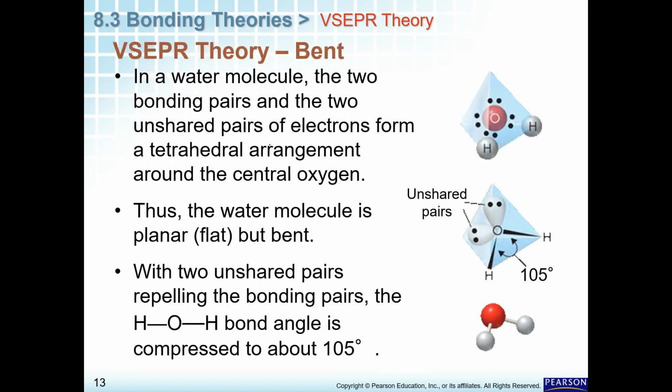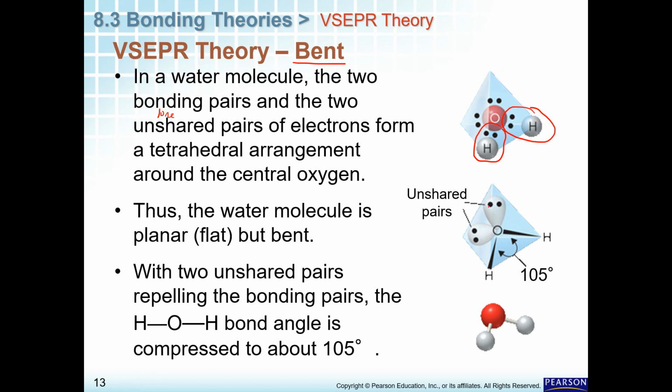Another example of a shape is bent. A good example of a bent molecule is water. When we look at water, water has 2 bonding groups. Here it's bonding a hydrogen, and here it's bonding a hydrogen, and so that's where it's getting its 2 bonding groups. It also has 2 unshared pairs, which we call lone pairs.